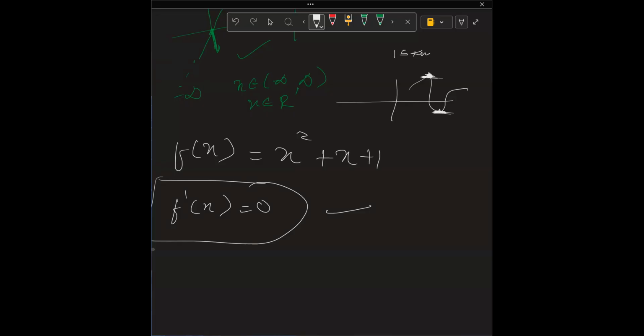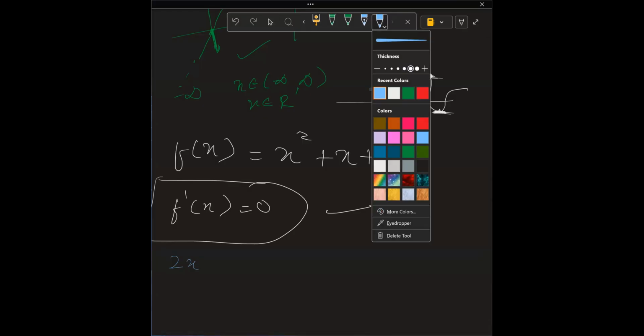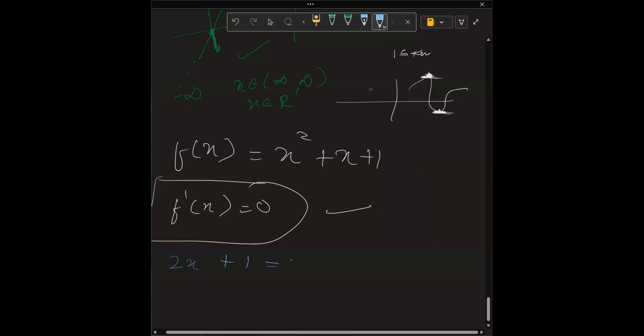Now let's differentiate our original function. x स्क्वायर का होगा 2x, x का होगा 1. Differentiation of x square is 2x, है ना? And x का differentiation होता है 1.